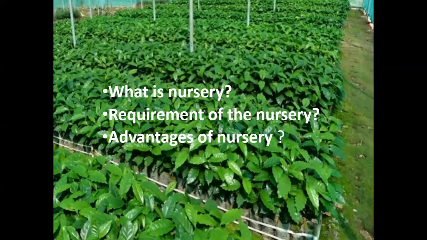So to protect from the harsh environmental conditions like heavy rains and higher temperatures and heavy winds, this protected environment is needed. And also to some extent to protect the seedlings in their early stages from the wild animals and pests and diseases. So we require the nursery.